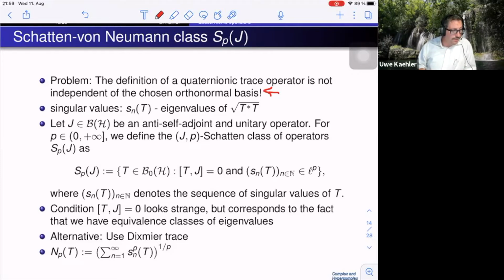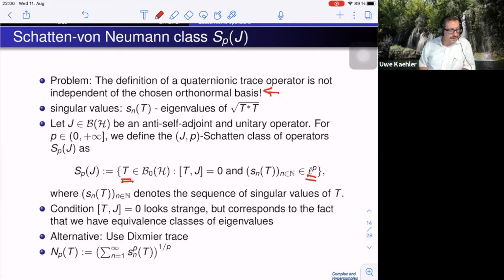On the other hand, we still have the singular values, especially if T is a compact operator, then T star T also has eigenvalues and so on. And we have just the standard things. To introduce the Schatten classes, we take a compact operator T, and we want, of course, that it is in L^p. That's usually what you expect from the Schatten classes. Usually p equal to 1 gives the trace class operators, p equal to 2 the Hilbert-Schmidt operators, and p equal to infinity would be all compact operators.